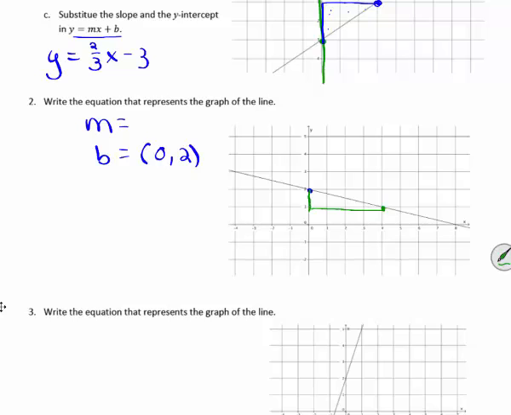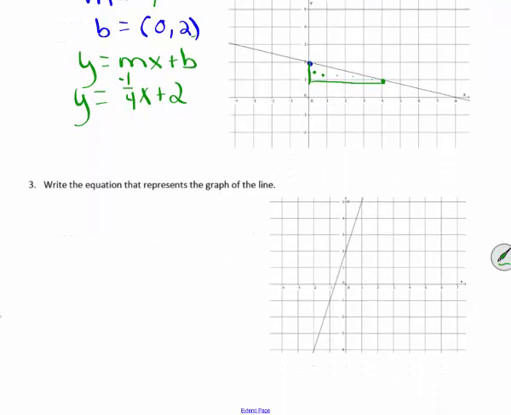Down is negative, so I went down 1, -1, and then I went over 1, 2, 3, 4, so -1/4. Take your general form, y equals mx plus b, and we fill in our numbers: -1/4 x. This is a positive this time, so we write it as +2. Okay, let's try another one.